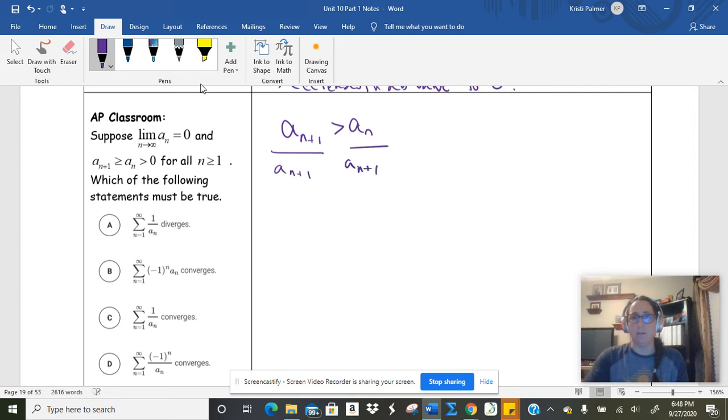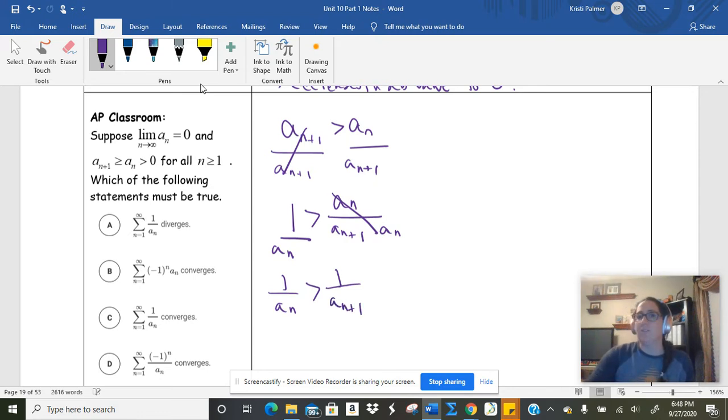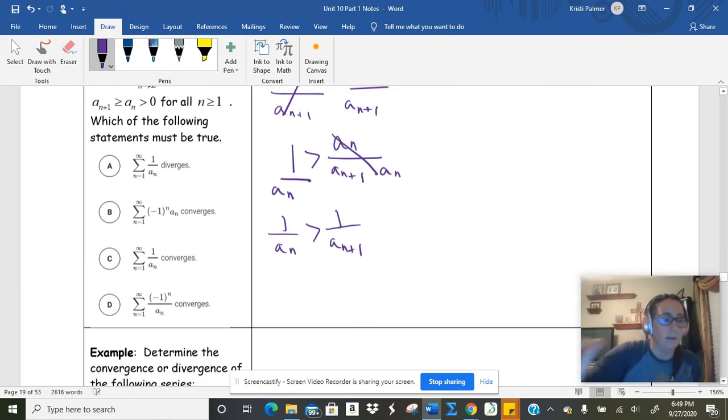This is really fun. So this one just becomes 1 now. And let's again divide by a sub n. Those canceled, now those canceled. And we get something like this. So now it's like this fractional form of the next term is smaller than the previous term in fractional form.